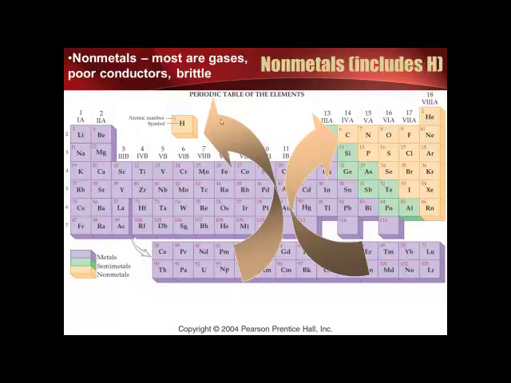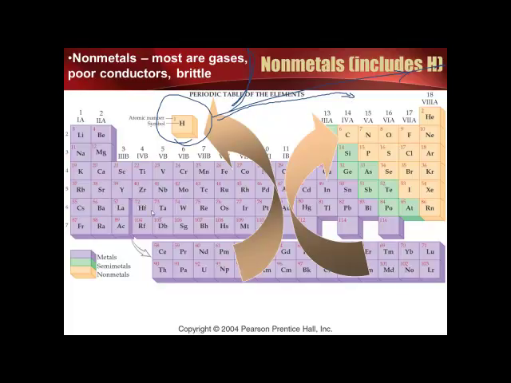Your nonmetals are found to the right of that stair step. So again, this up here should be written in your notes. At room temperature, most are gases. They are poor conductors of electricity, and they are brittle. Now, hydrogen is included in the nonmetals. Some people say, well, hydrogen should go on the right-hand side of the periodic table.